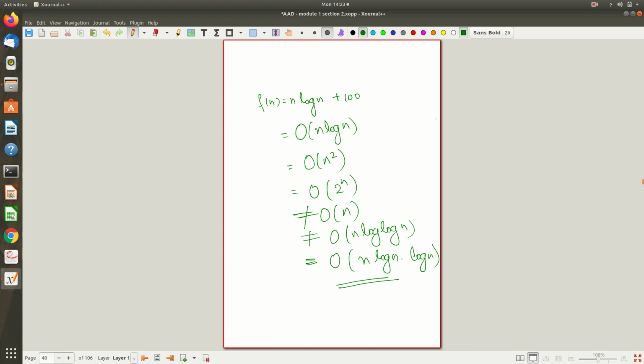So here also this is a tighter bound. Tighter bound is typically expressed by big O only, but when it comes to looser bounds, we have one more notation for capturing all these looser bounds, and that is the small O. We will see that soon. But for a tighter bound, only big O is the option.